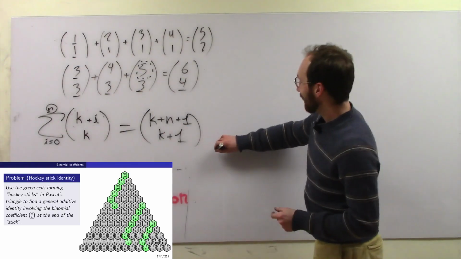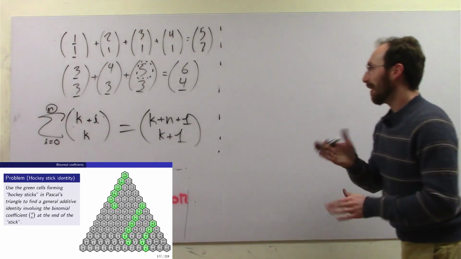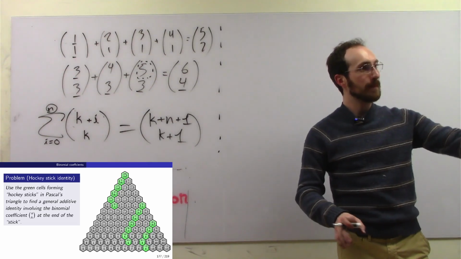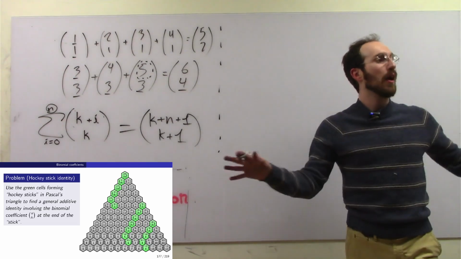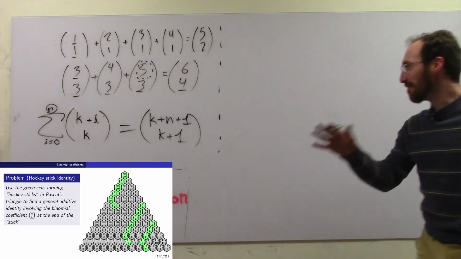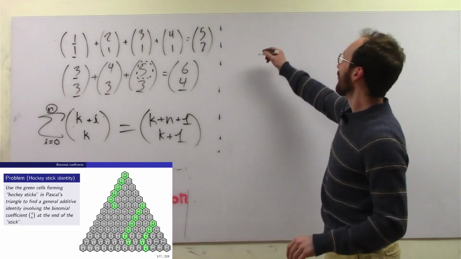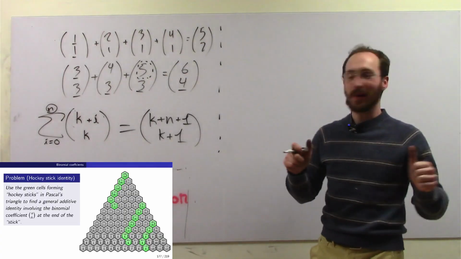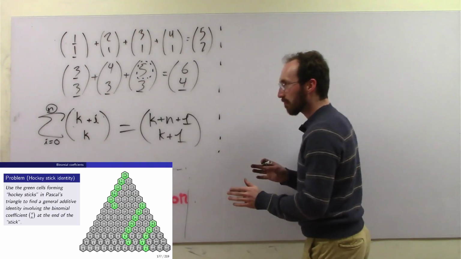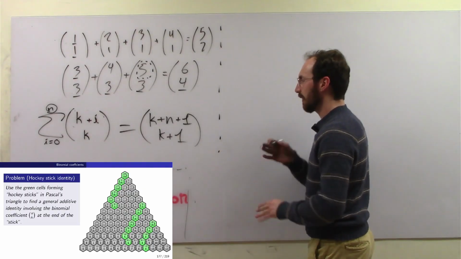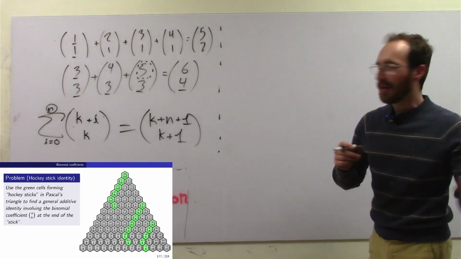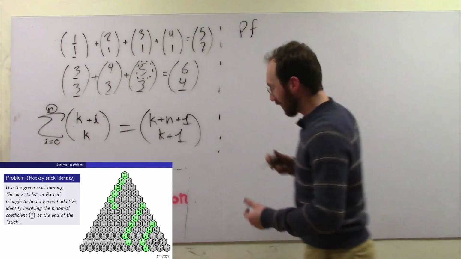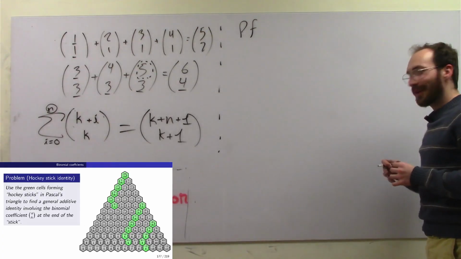So you can do binary strings of length k plus n plus 1. Yes, binary strings can often be the way to go. But I'm not going to do that. I won't allow it. I'm going to do proof by induction because why not? We haven't seen enough of those.